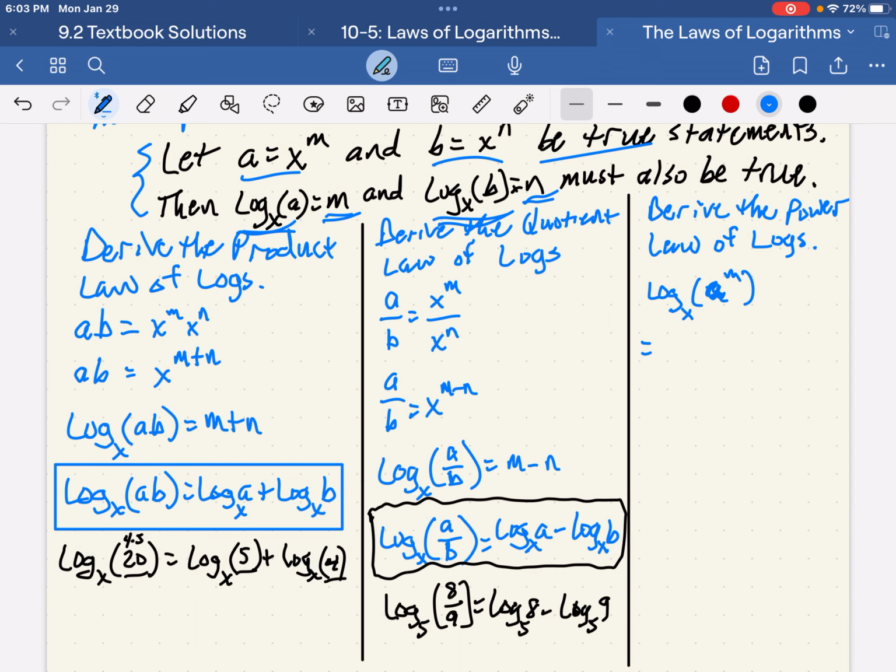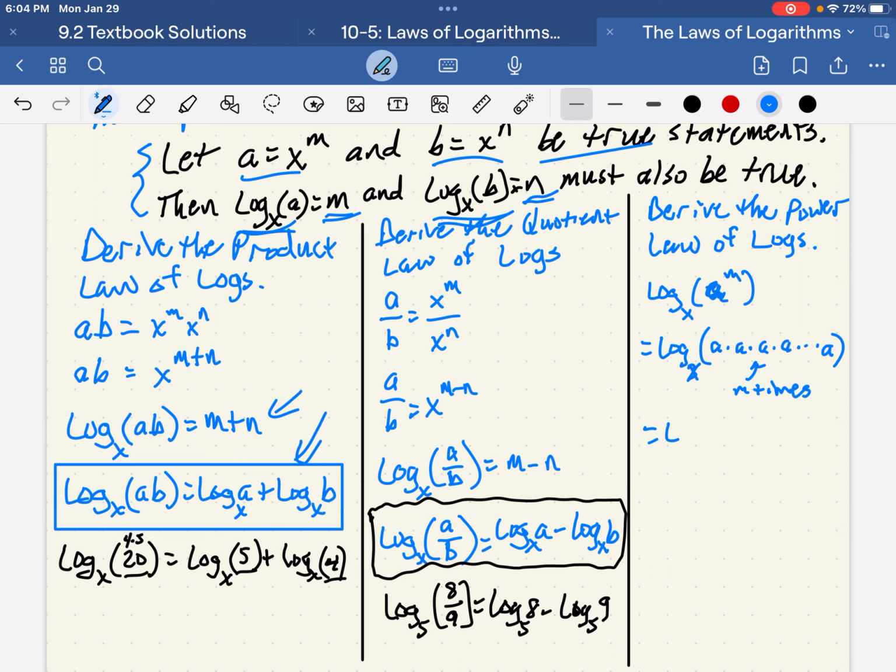Well, can I say that that's equivalent to log base x, my apologies, of a times a times a times a until I multiply by a m times? Okay, well, according to the product rule, the log base x of a product, looking over here, is equal to the log of one of the pieces plus the log of the other piece.